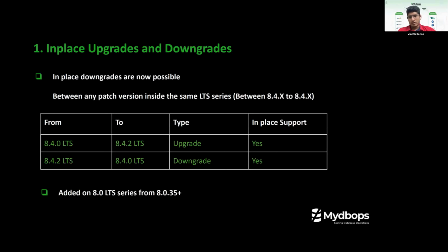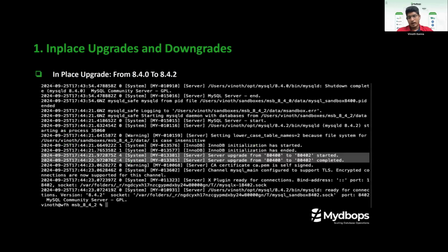So we are going to look into a quick demonstration of it. I have attached some screenshots of how it will work. Okay, so I have set up a MySQL 8.4, and I replaced the binary of 8.4.0 with 8.4.2 and started the MySQL service. This is what I get to see from the error log.